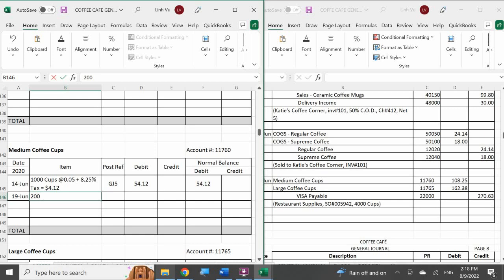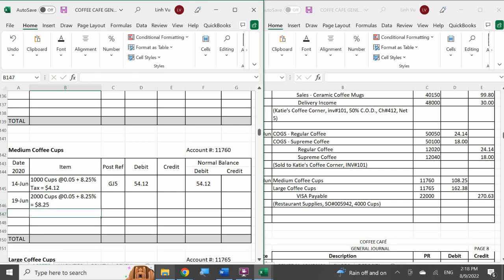She did 2,000 cups at 5%, and tax was $8.25. So how much in grand total cups do you have for the medium? 162.37. Good.